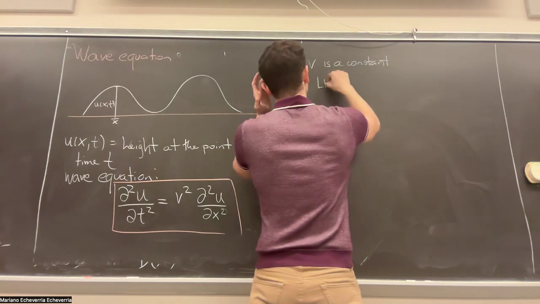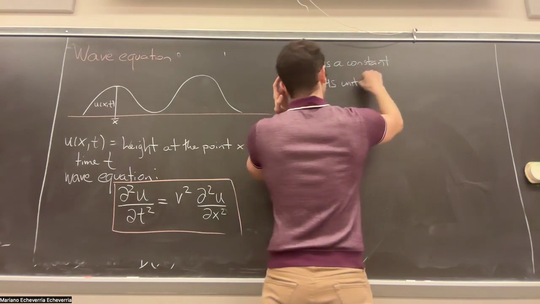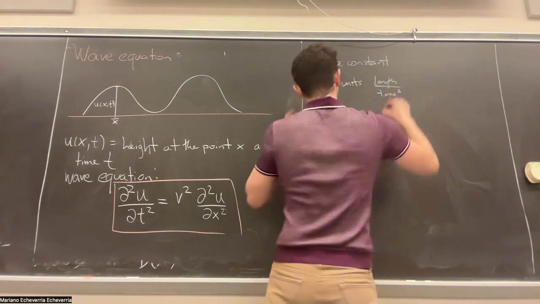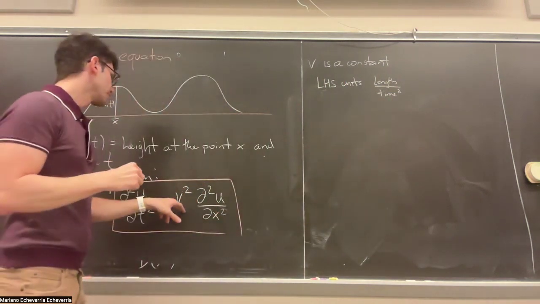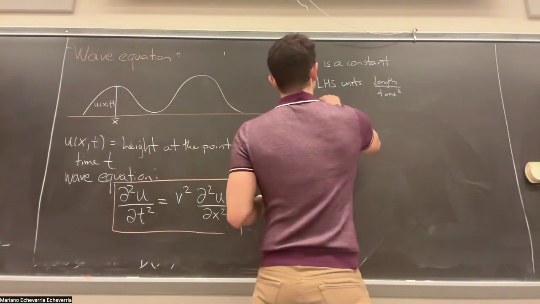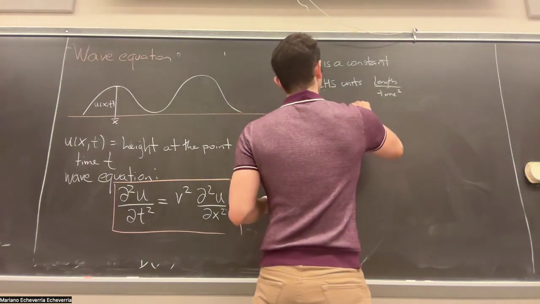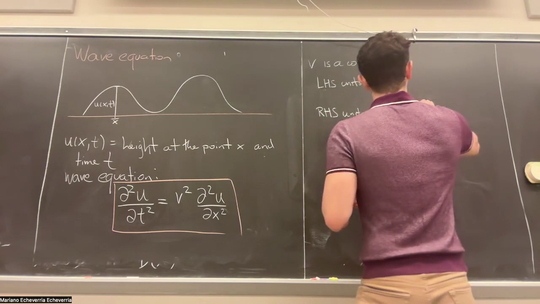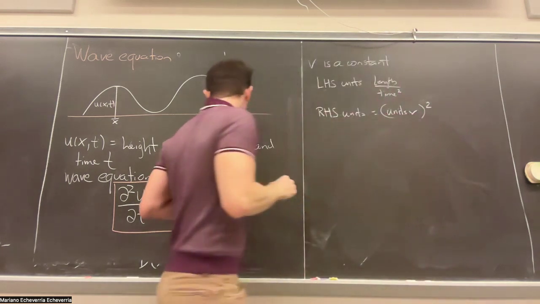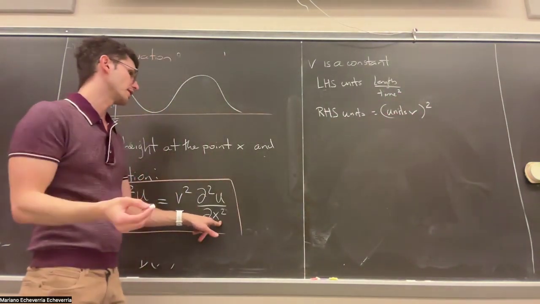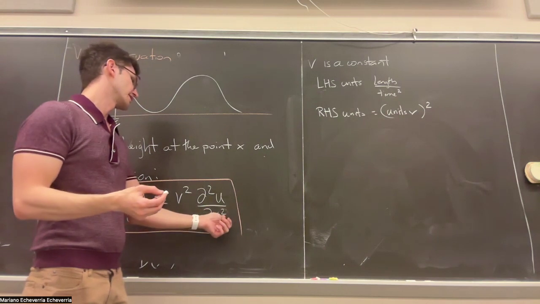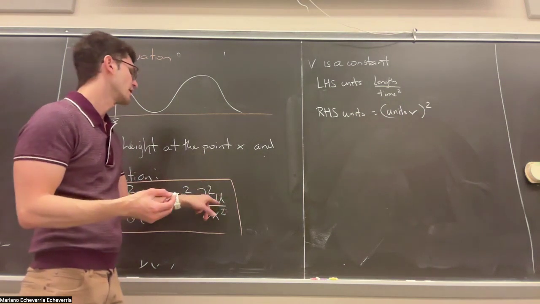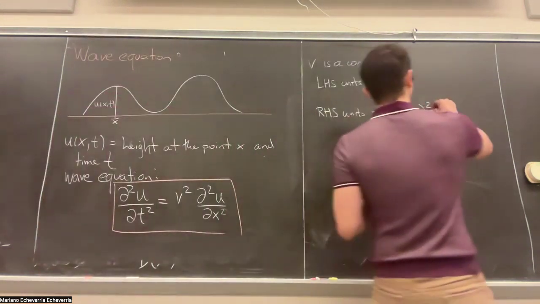The right-hand side, if you ignore the v, has units equal to the units of v squared times length, and when you take a second derivative with respect to x, that puts two units of length in the denominator, so you cancel one of the units of length, and you get units of 1 over length times 1 over length.